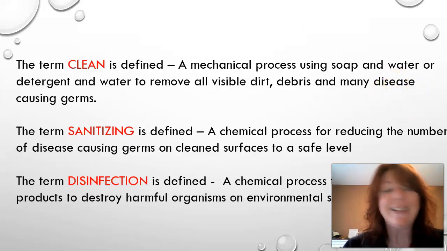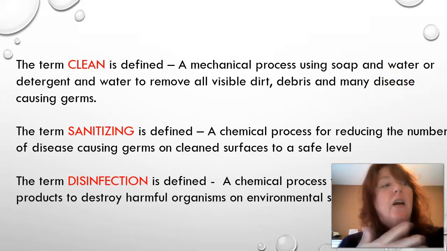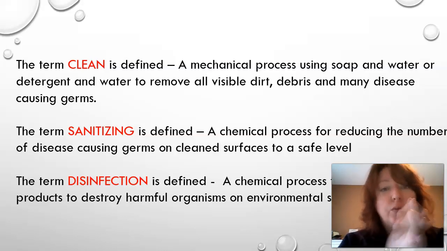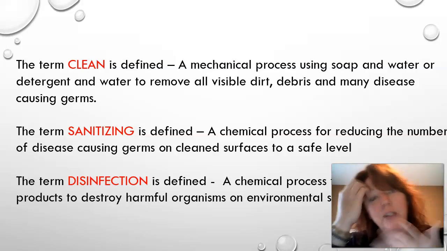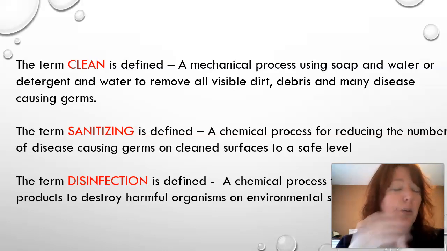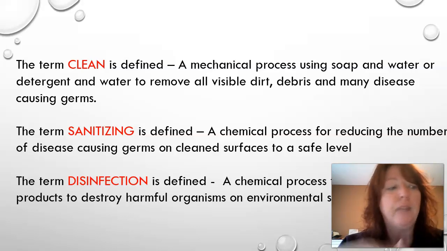The term clean is defined as a mechanical process. If you think of cleaning, it's soap and water and the actual removing of the soil off of an object. You want to make sure that you're getting any type of debris off, whether it be, when you're using your tools, hair, anything like that.